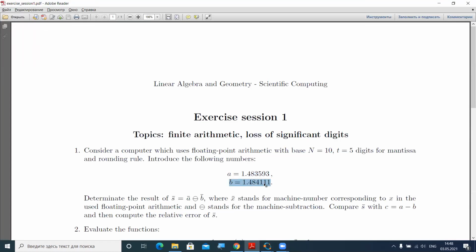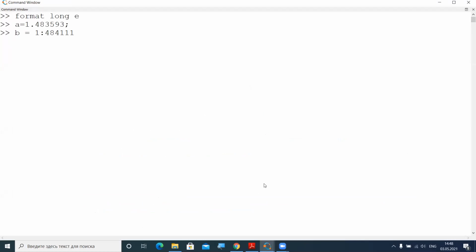So a is equal to, first of all, let's give the format long E. It means after the point we have 16 digits. So now a is equal to this number, semicolon, and b is this number, and semicolon again.